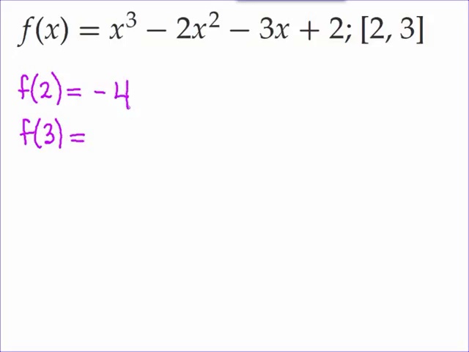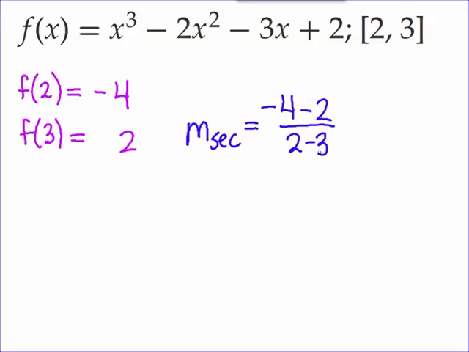What does f of 3 come out to be? I thought it should be 2. So to find this, the slope of my secant line will equal what minus what over what minus what? Negative 4 minus 2 over 2 minus 3. There you go. Negative 4 minus 2 is negative 6 over negative 1, so your answer is 6. Okay, that's average rate of change.